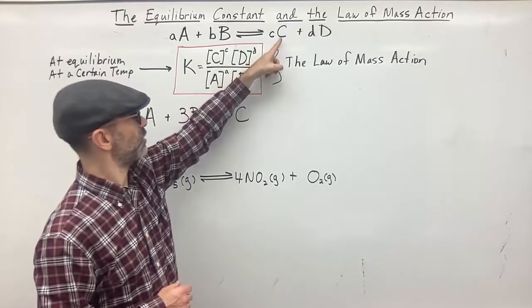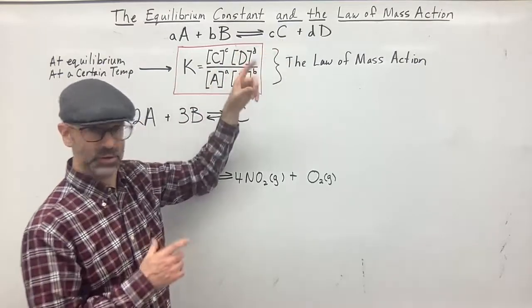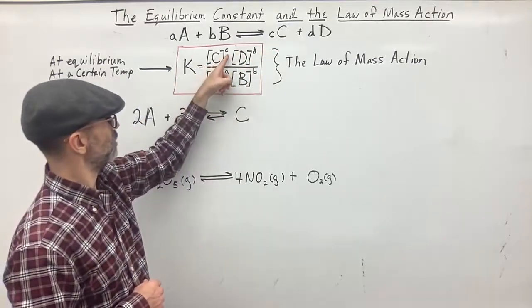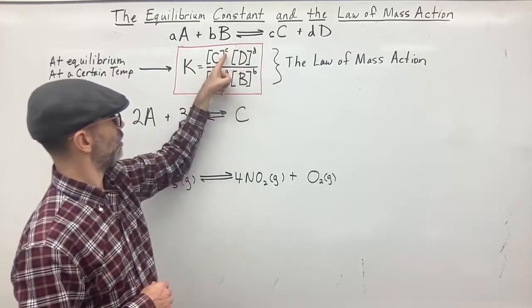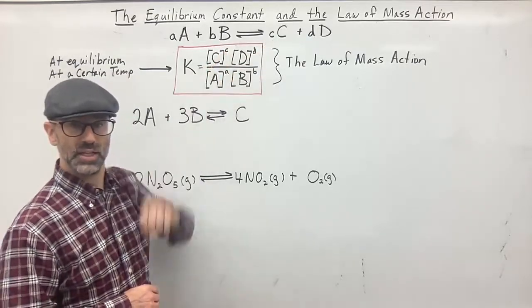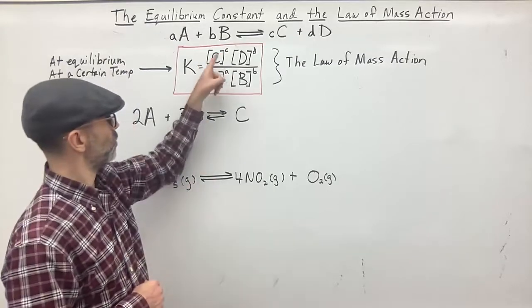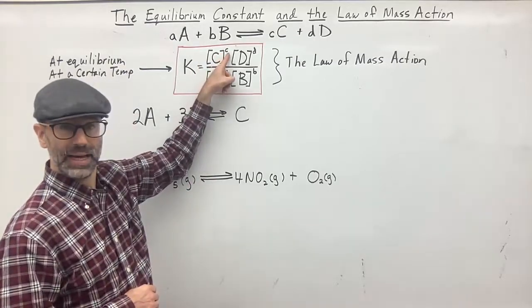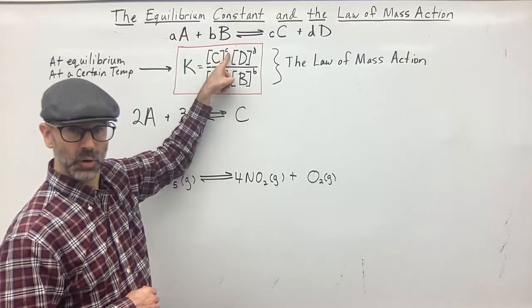So you have the concentration of C, capital C, raised to the coefficient of C. So little c is the coefficient, but we're writing that as a power or an exponent.